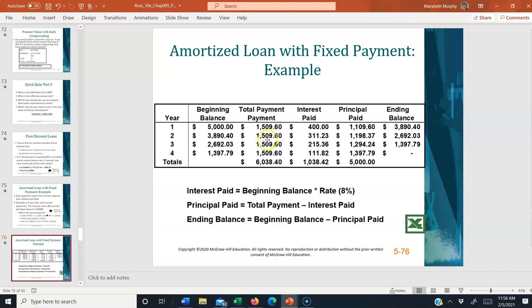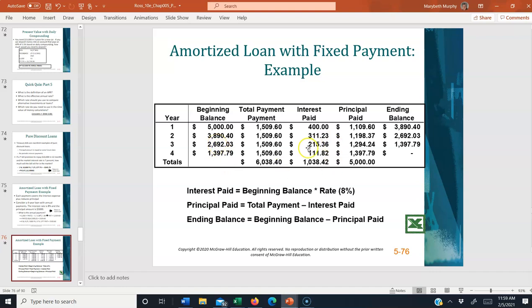If we're making a total payment of $1,509.60, interest is $311.23. That gives you $1,198.37 going toward the principal. And our new balance, which is 3,890.40 minus $1,198.37, is now $2,692.03.